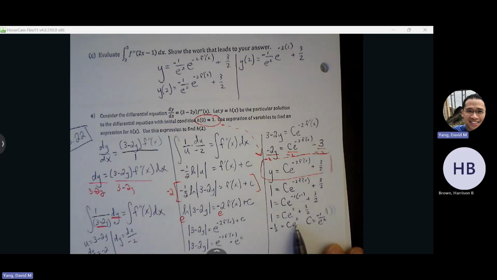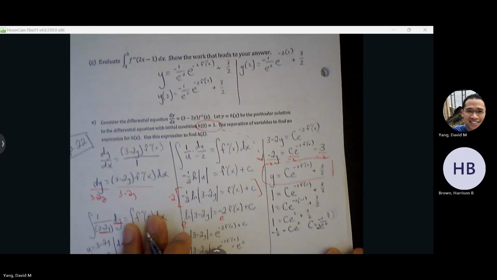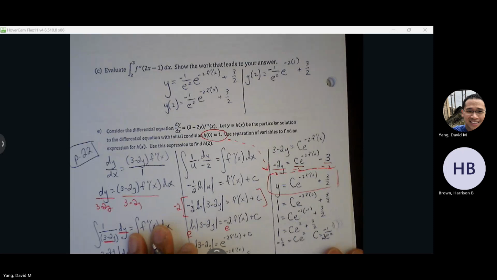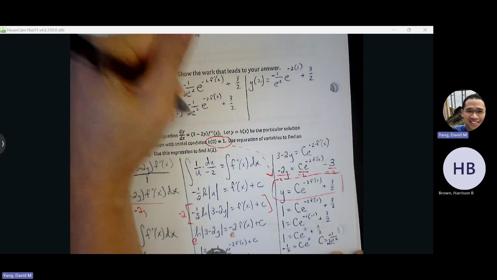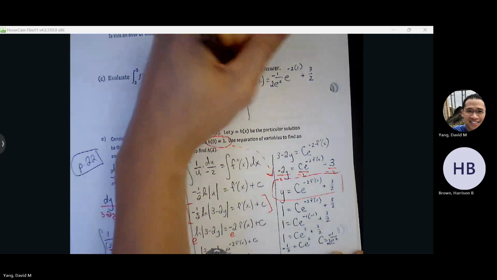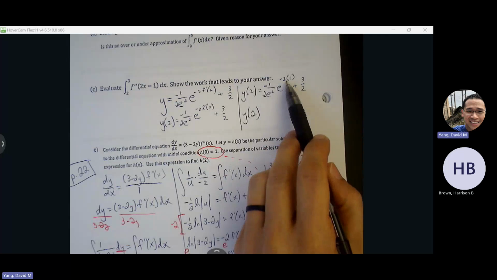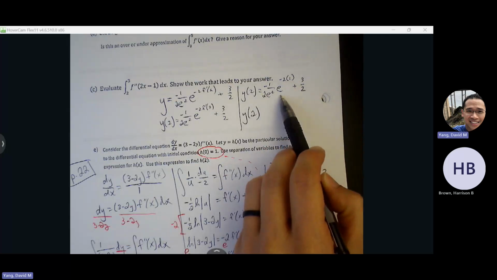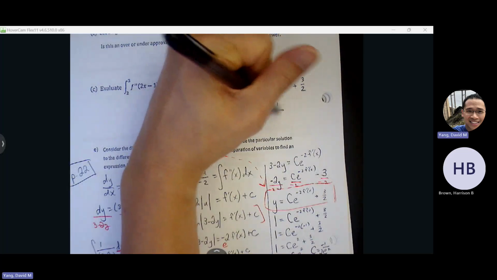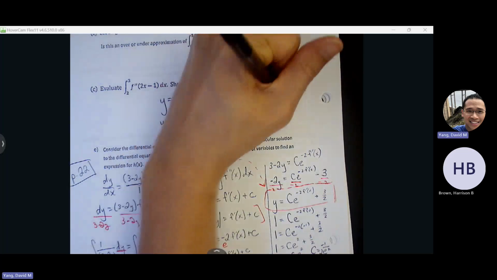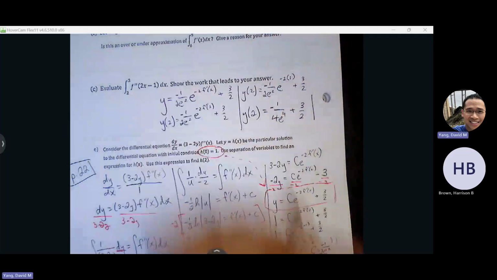C is -1 over 2e squared. My bad, 2e squared. So there's a 2 here. All right, so now that I can merge this, e to the -2 can come down as e squared. E squared and e squared becomes e to the 4th. So -1 over 4e to the 4th plus 3/2. All right, -1/2.